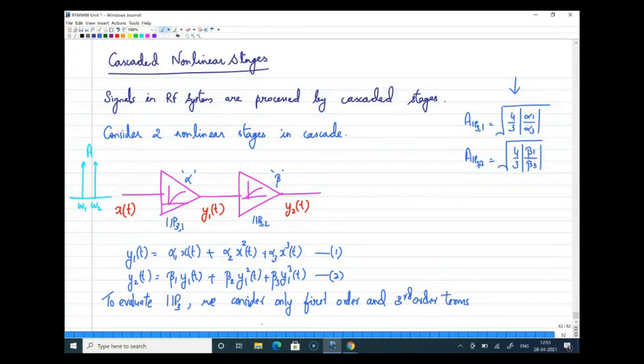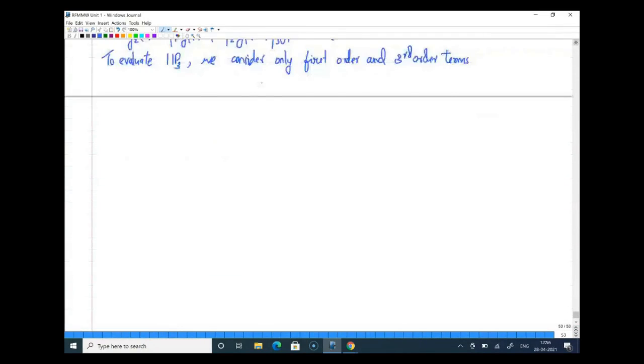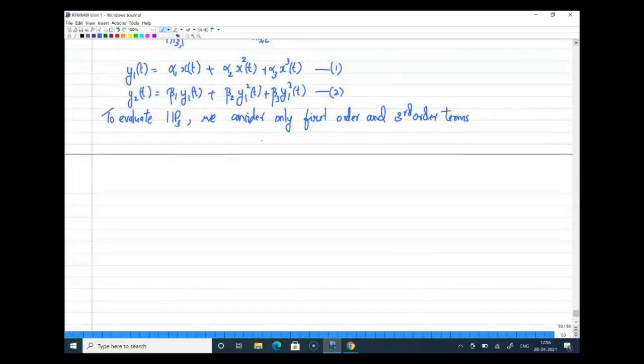So I'll write the final output y2 of t, because if you want to write IIP3, you should know what is the final output y2 of t. So what is y2 of t? As we have mentioned before, it is beta 1 into y1 of t.